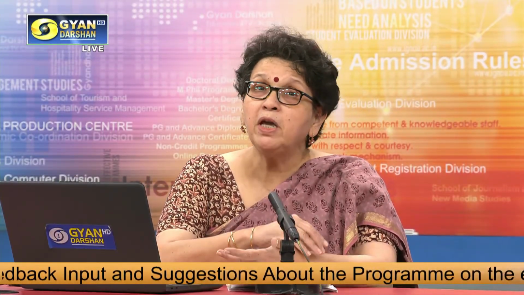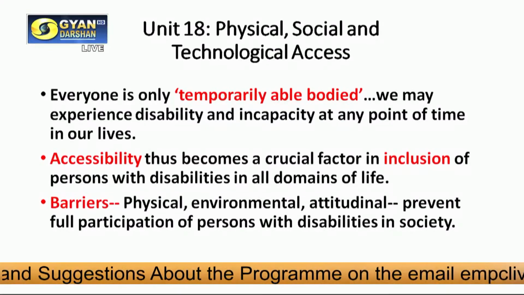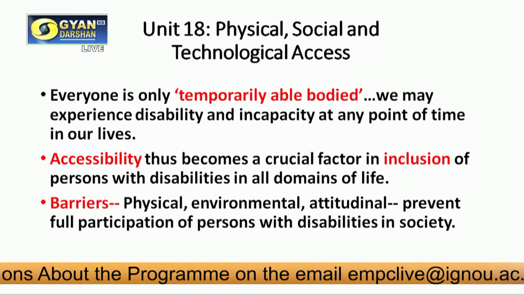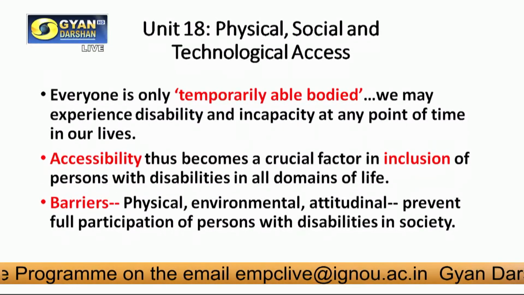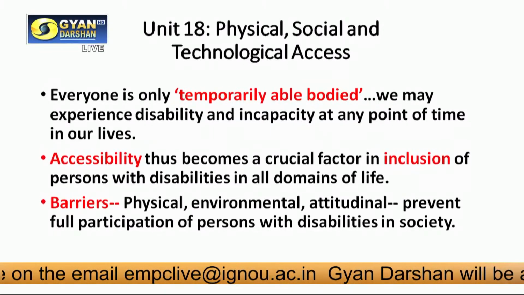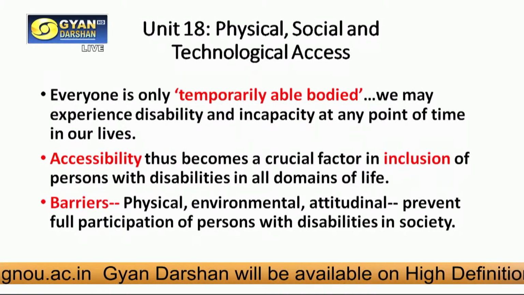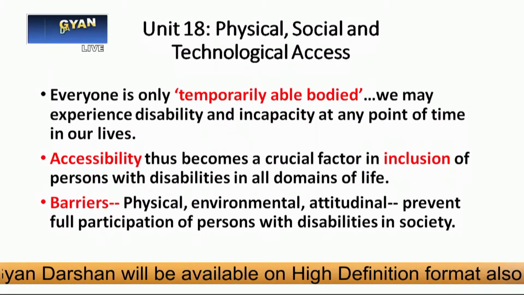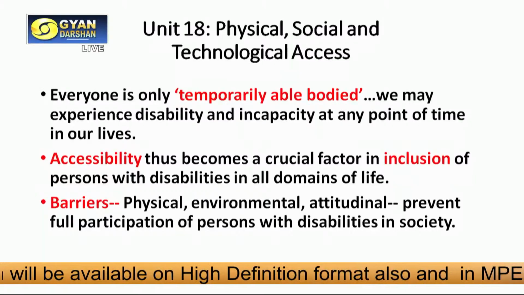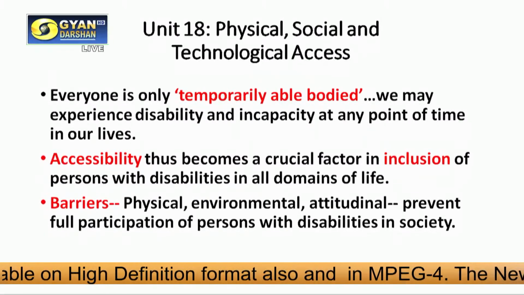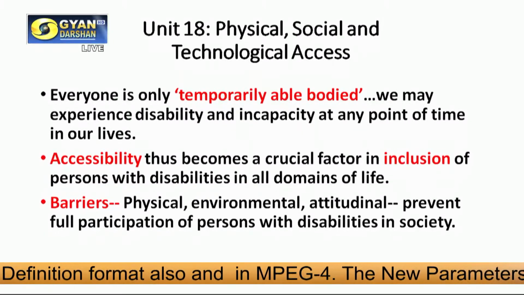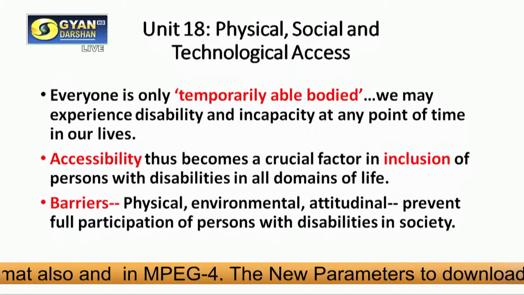Because all of us have a vulnerability, all of us can at any point of time need support, that is why accessibility becomes such an important factor. Not just for inclusion of persons with disabilities, but for all members of society who may need accessibility at any point of time in their lives.